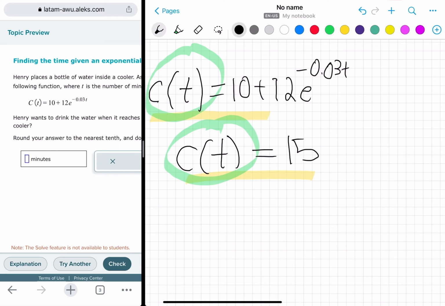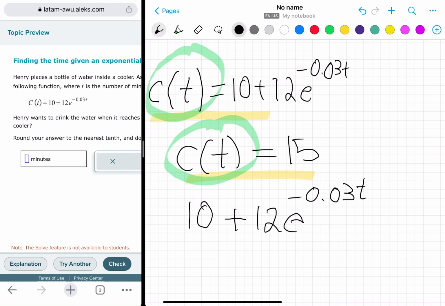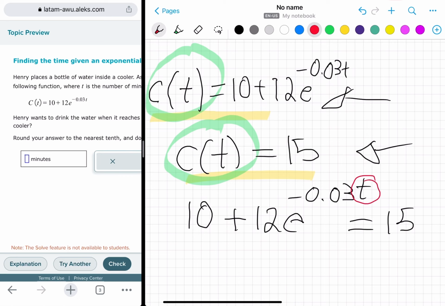So we can say that our equation, 10 plus 12 e to the minus 0.03 t, has to be equal to 15. All I am doing here is stating that my function has to be the value 15, because 15 is the temperature that Henry likes. But I want to know when this happens.